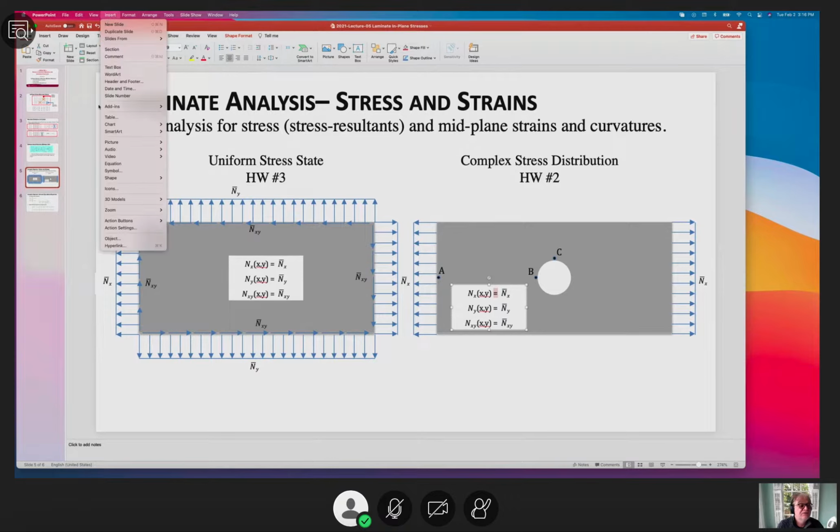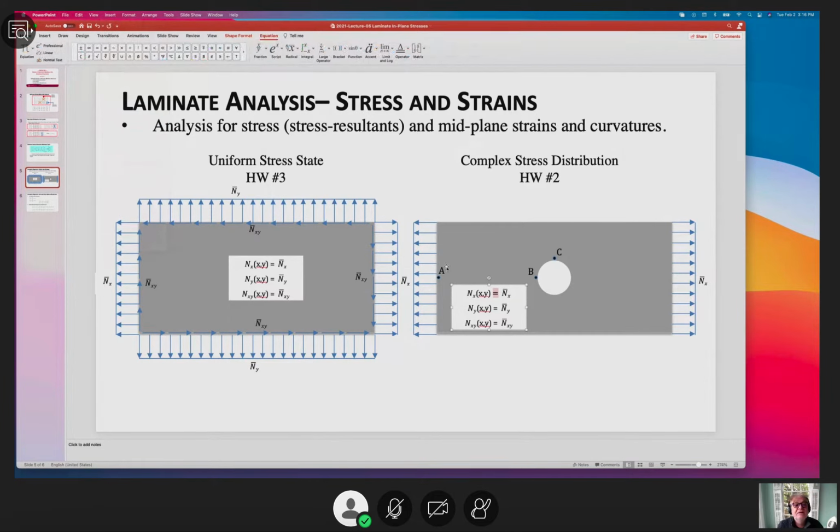Let me see if I can insert an equation there, and the equation should have not equal. And not only not equal, but can be quite complex, depending on the intrusion or stress discontinuity or boundary conditions.